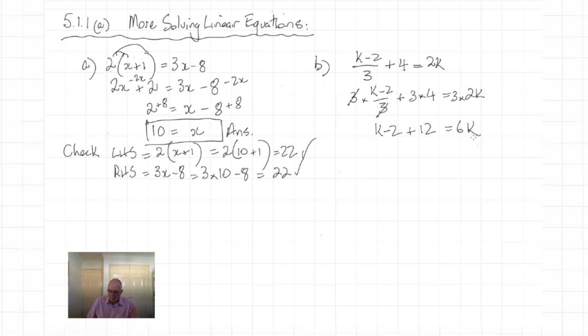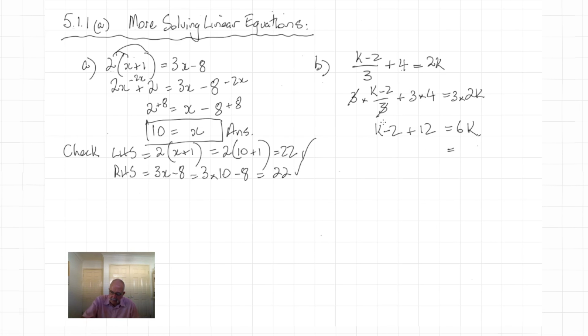So my next step is to get all the variables, in this case it's the k, all terms containing k, to one side. Now I've got positive 6k and positive 1k, so I'm going to get all of them where there's most positives, and there are most positives here.